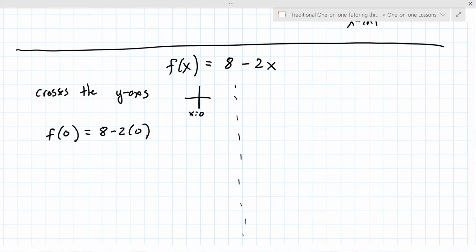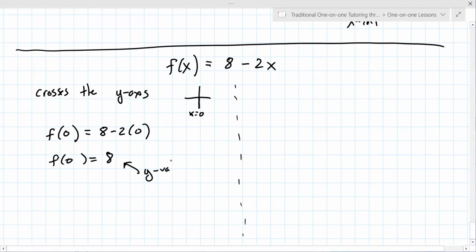So you get 8. That's right, and this is the y value. So when x is 0, what is y? The y is 8. 0 and 8.